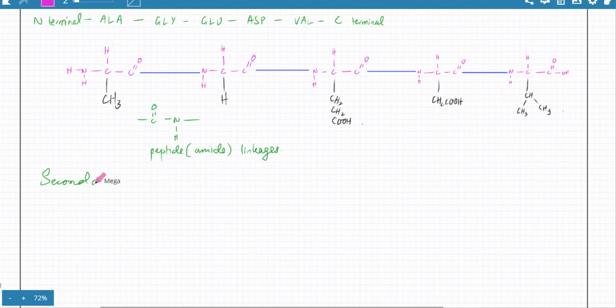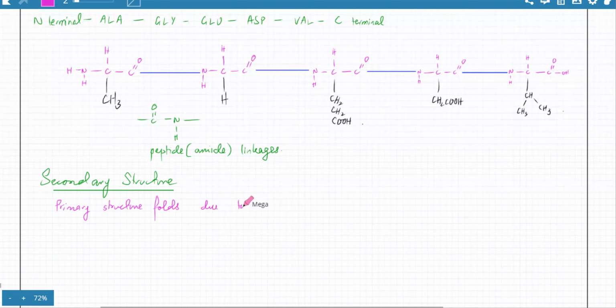So the secondary structure is that the primary structure folds and gets entangled with itself. And why does it fold? Due to hydrogen bonding, due to hydrogen bonds forming between amide groups.